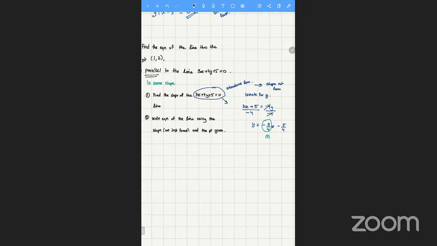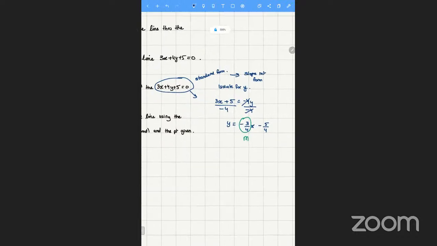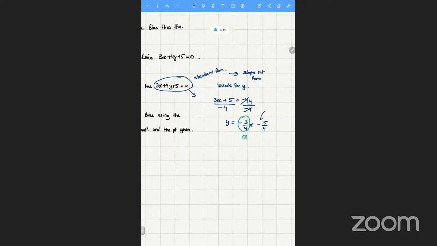So y is equal to 3 over negative 4 x plus 5 over negative 4. Aisha, your negative should always be outside. If it's a fraction, negative 3 over 4, bring the negative outside of the denominator.